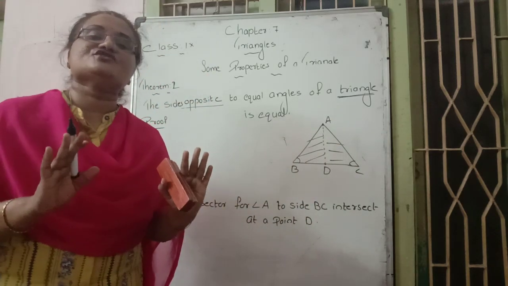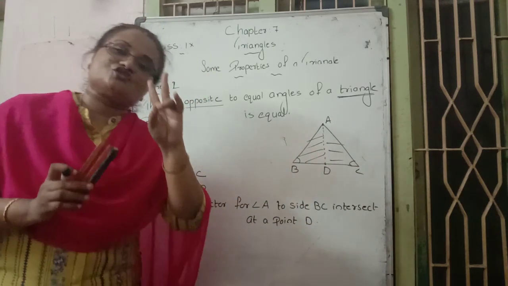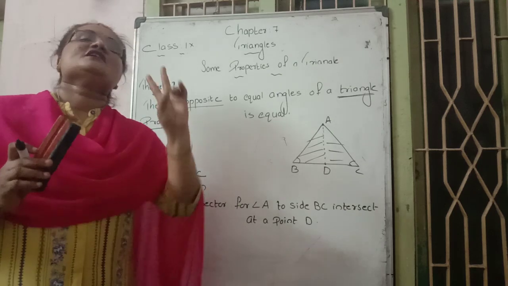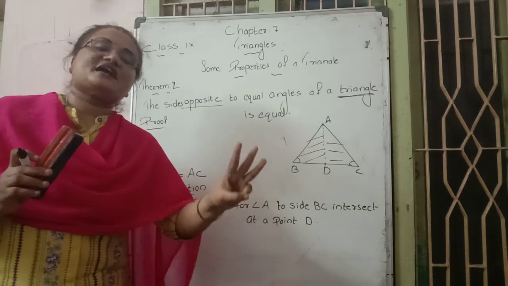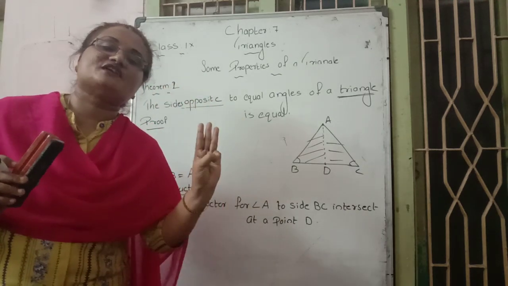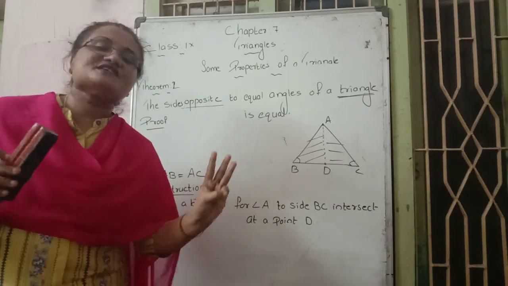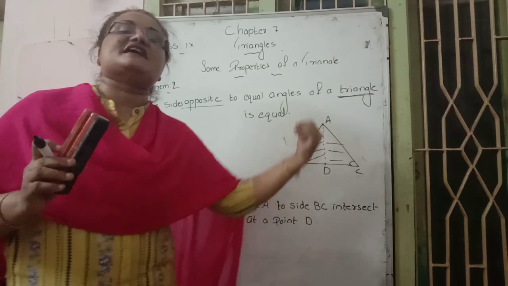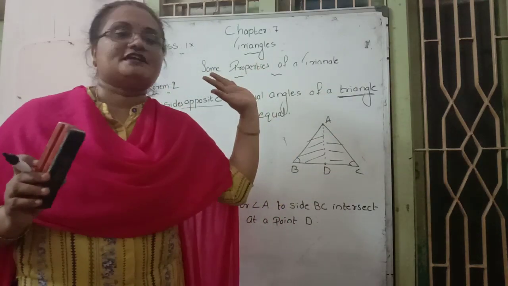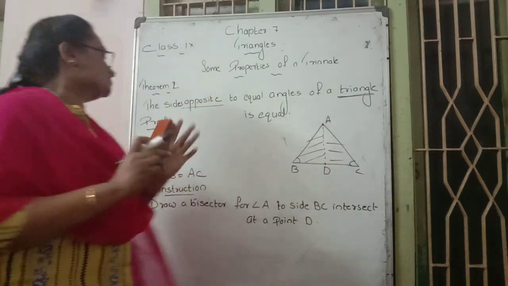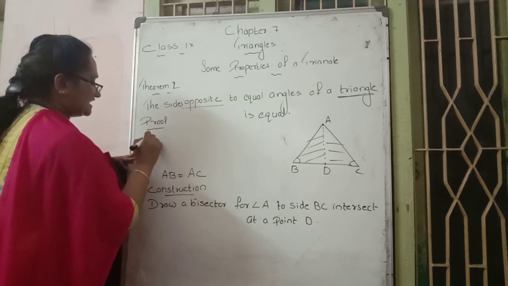For these 2 triangles, we apply 3 conditions and say that the 2 triangles are congruent. By CPCT we can say AB side and AC side are equal. That is our procedure.